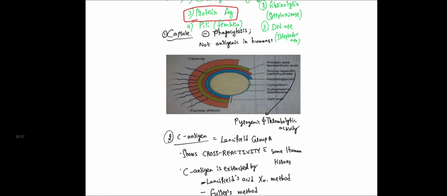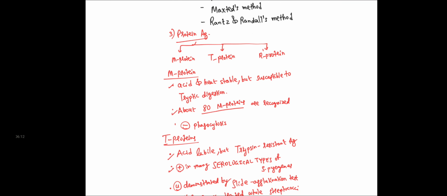Now, C antigen belongs to Lancefield group A, and it shows cross-reactivity with some human tissues. C antigen is extracted by the Lancefield acid extraction method, Fuller's method, Maxted's method, and the Rantz and Randall method.